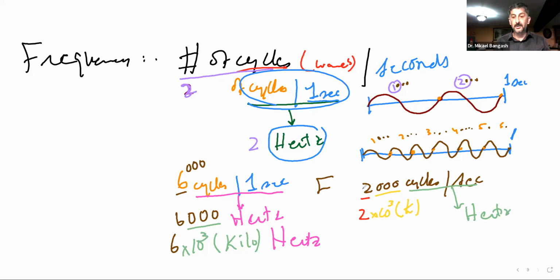So 2,000 cycles of a sound wave completed in 1 second is a frequency of 2 kilohertz, or 2 multiplied by 10 raised to the power 3 hertz.